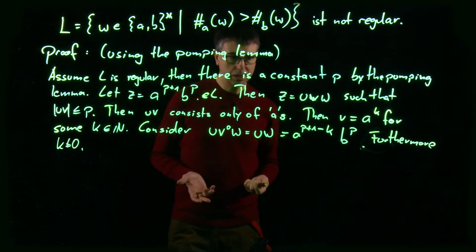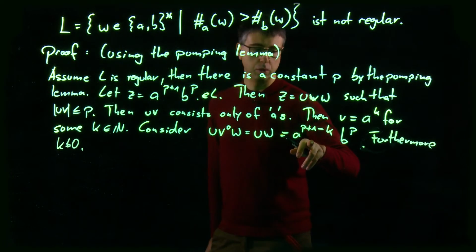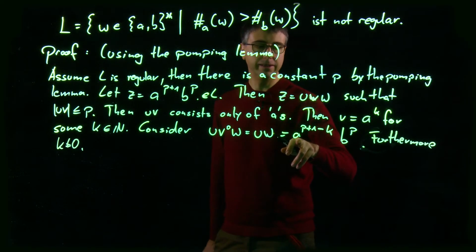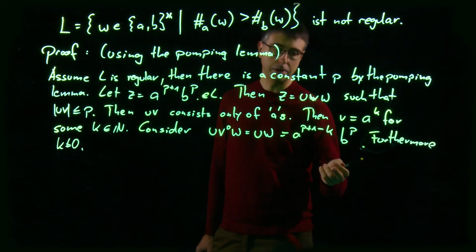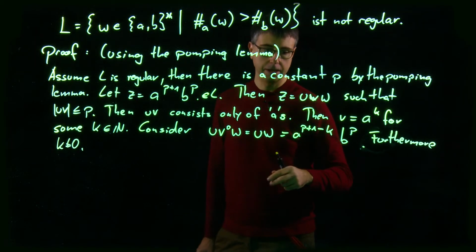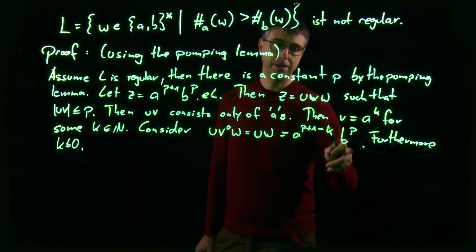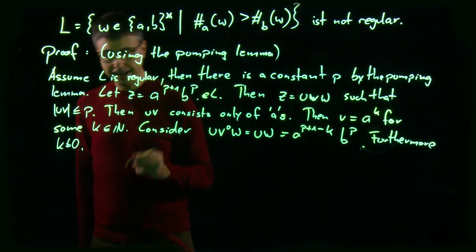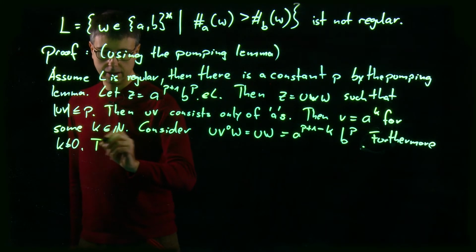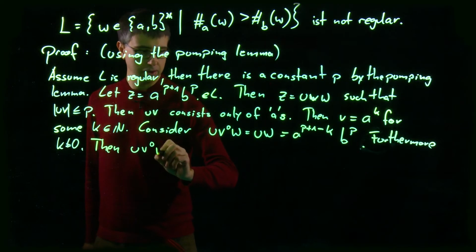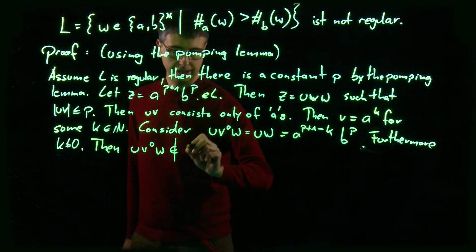If we have a look at this word here, we know that it cannot be in the language, because the amount of A's is no longer greater than the amount of B's, since we have removed at least one A. So there are not more A's than B's in the word anymore. So the resulting word U V to the power of 0 W is not in L.